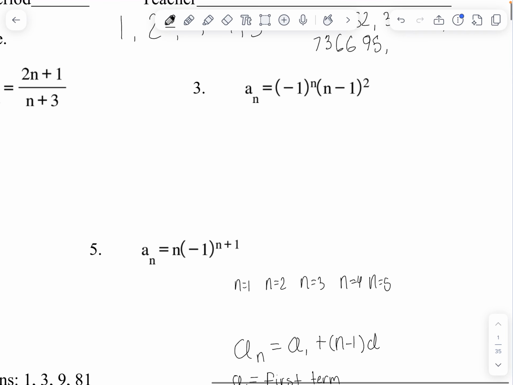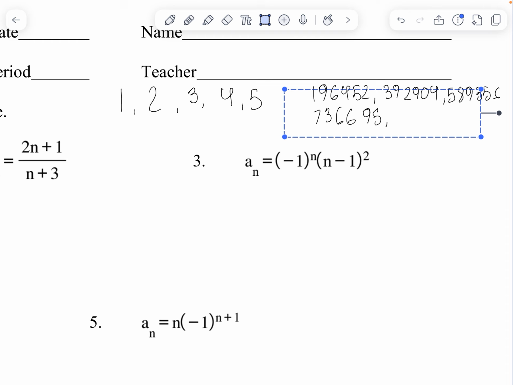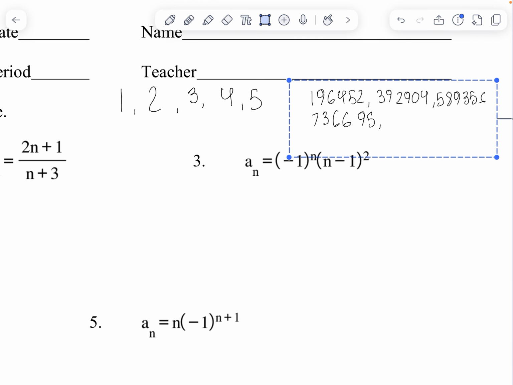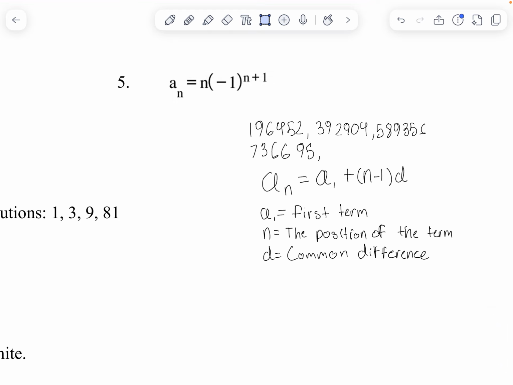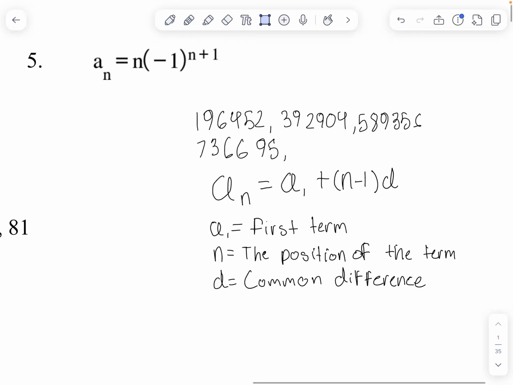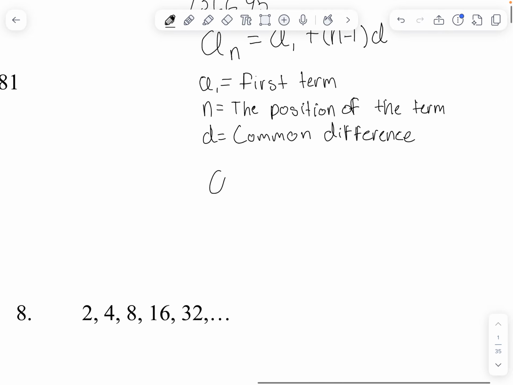Right, so I need to erase this. Okay, let's say we need to find the fifth term, right? So A and then the term is 5.